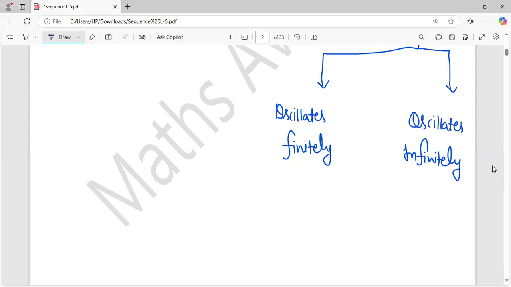Sequences oscillates finitely, and sequence oscillates infinitely.